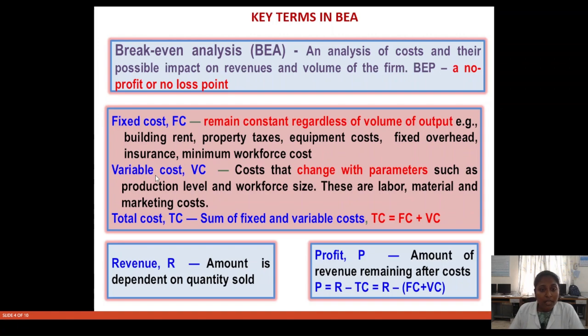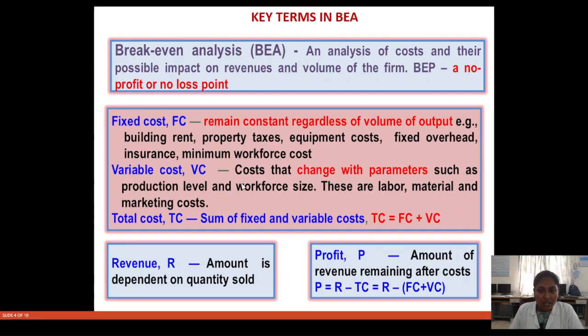The second cost is the variable cost. Here the cost will change with real-time parameters such as production level and workforce size. For example, if you are starting a business, and for the first year you are hiring 100 employees, and for the second year you are going to hire 200 or 300 employees, because you are going to enhance your business in order to get more profit.